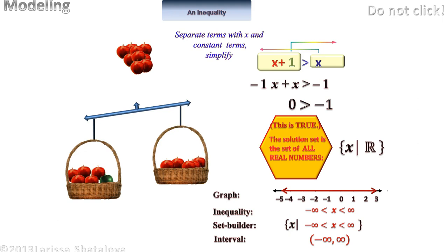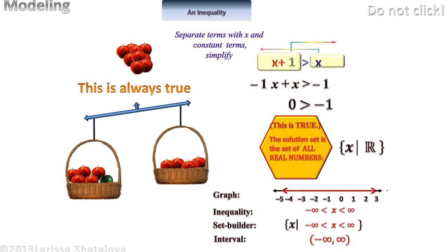If we add more, it will be 6 on the left and 5 on the right. Again, the left side is heavier, regardless of the number of apples we add to both baskets at the same time. It will always be true, because the left basket always has one extra green apple.